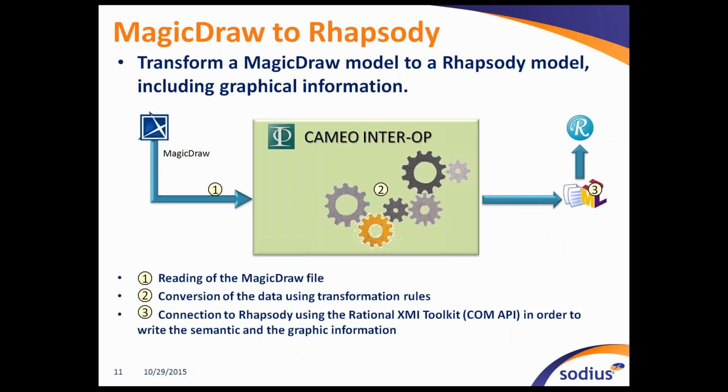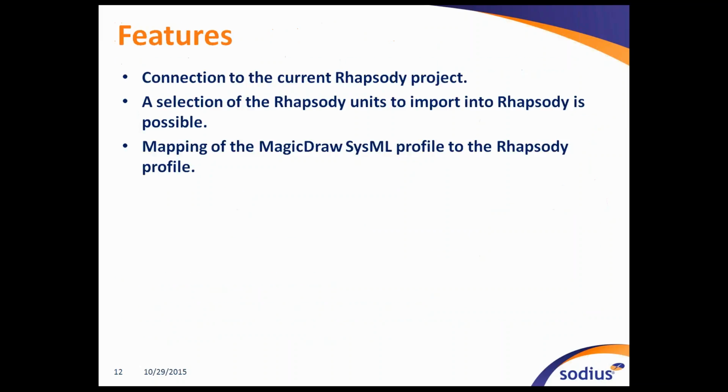Now we can continue with our MagicDraw to Rhapsody transformation. So it is possible to import the data from MagicDraw to Rhapsody, including graphical information, of course. So what we do is we read the MagicDraw file, we convert the data using the transformation rule, and we connect to Rhapsody using the Rhapsody XMI toolkit, so using the COM API, in order to write the semantic and the graphic information.